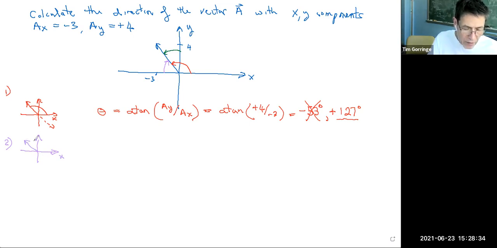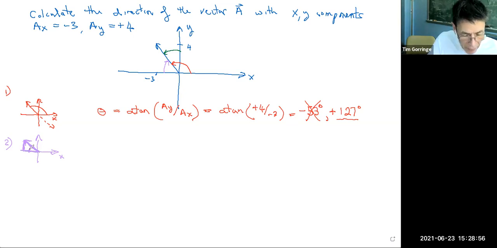Now, when I think about calculating this angle, what I'm going to think about specifically is the right angle triangle that the vector itself makes, that's the hypotenuse, with this vertical and this horizontal.